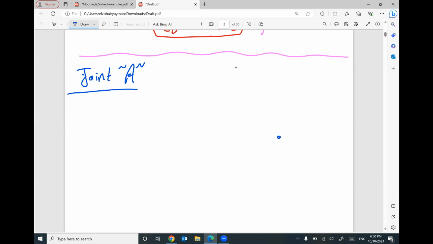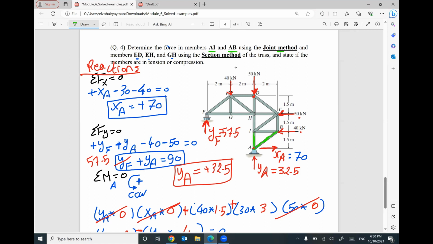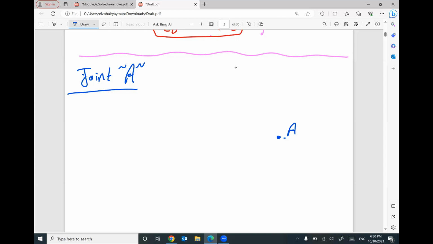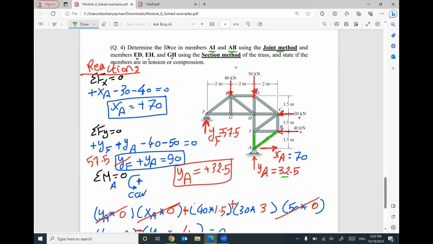Here is joint A. Let's see what we have at joint A. First, we have horizontal reaction 70, this way. We have vertical reaction at A, how much? 32.5.